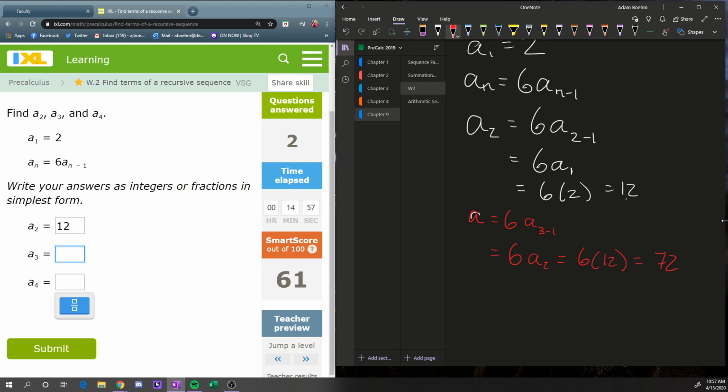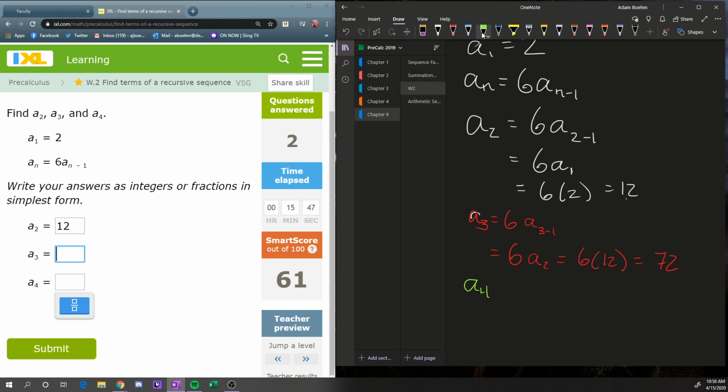Questions on finding the third term? All right, then the fourth term. So we're doing the same thing.